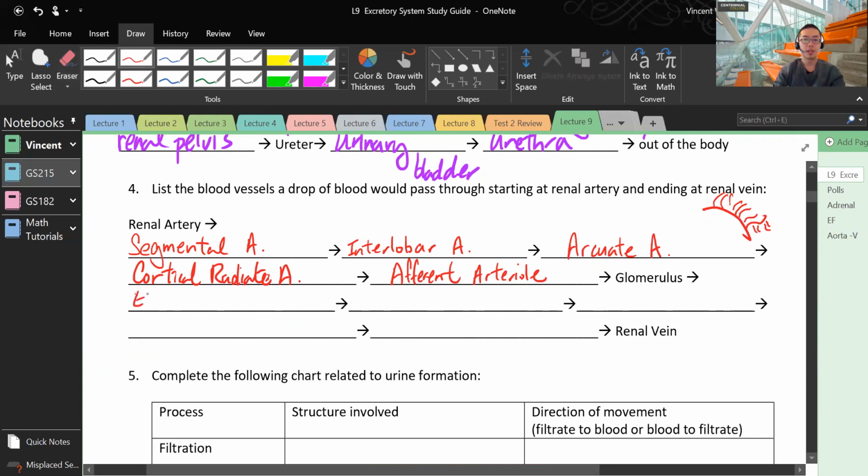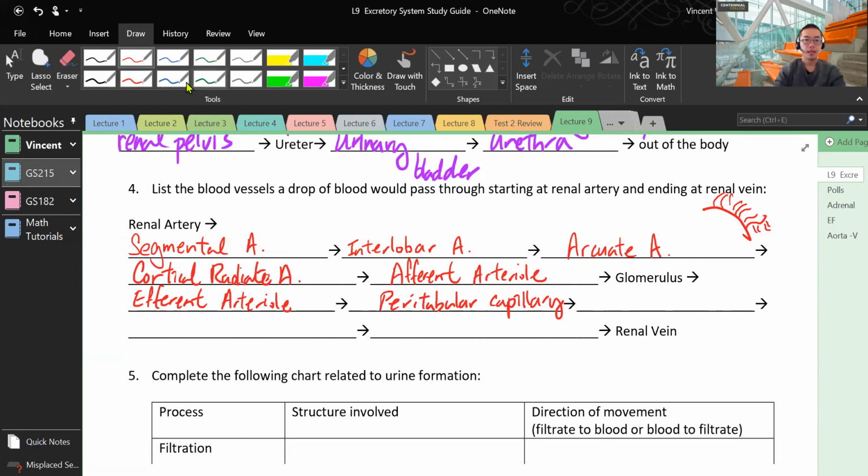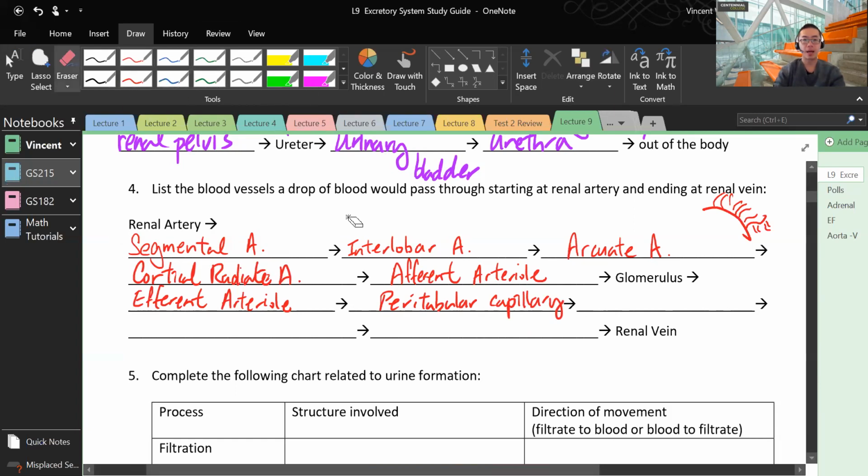From the glomerulus, the blood, whatever is not filtered, will enter the efferent arteriole, okay, which then opens up into the peritubular capillaries. And then from that it's just backwards. Okay, so we have the cortical radial vein.